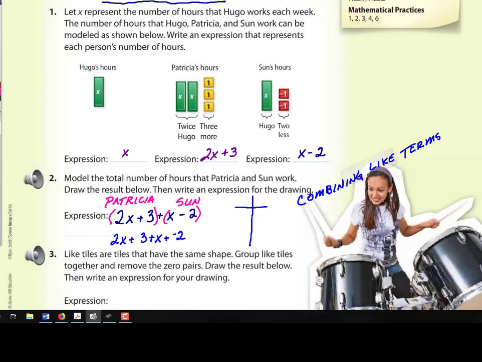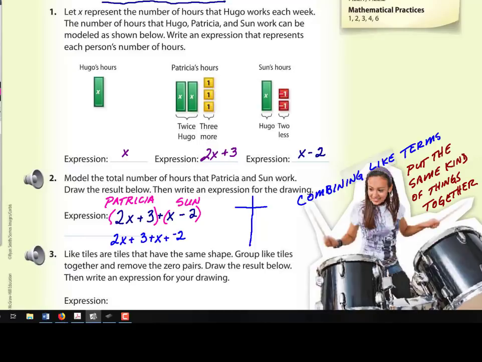That might sound fancy, but here's what it means: put the same kind of things together. And you'll see what I mean by that. Go ahead and get this written in.